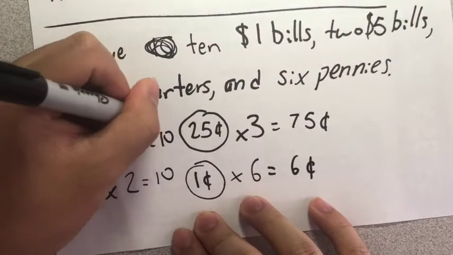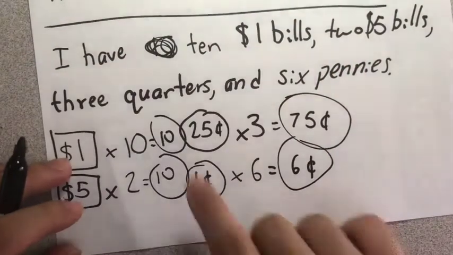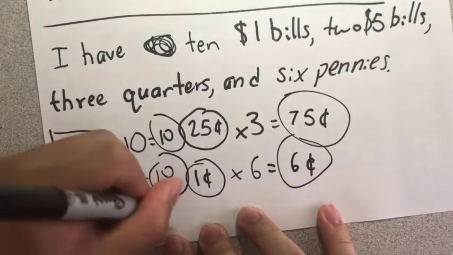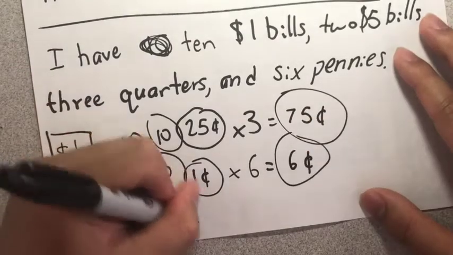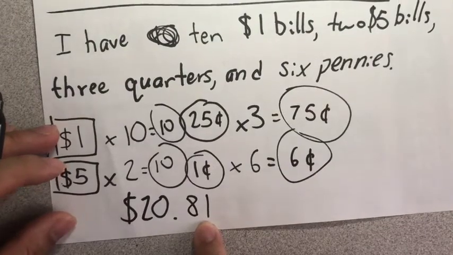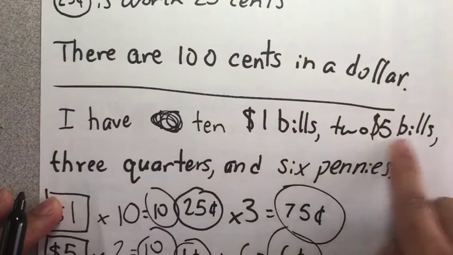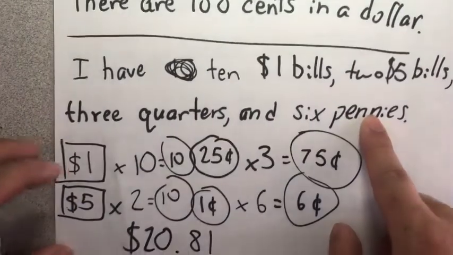So I have 10, 75 cents, 6 cents. If I add these numbers, the 10, I have $20. And 75 plus 6 equals 81. So I have $20.81.